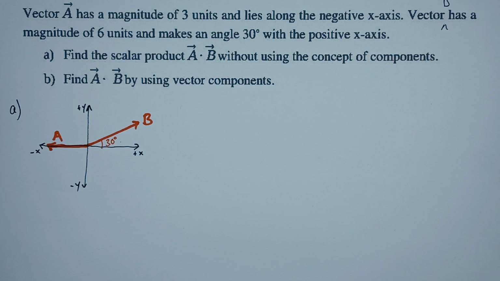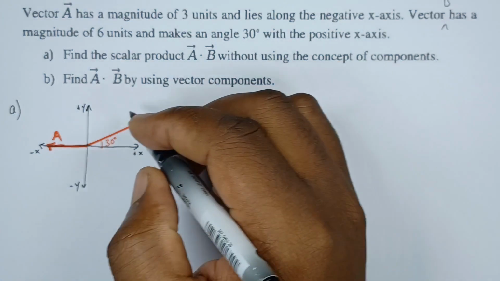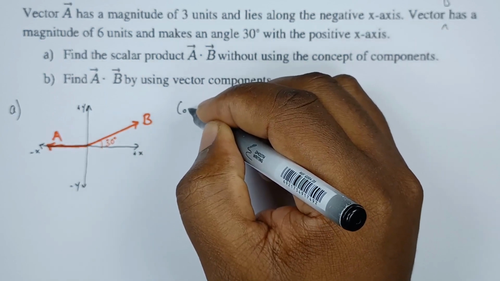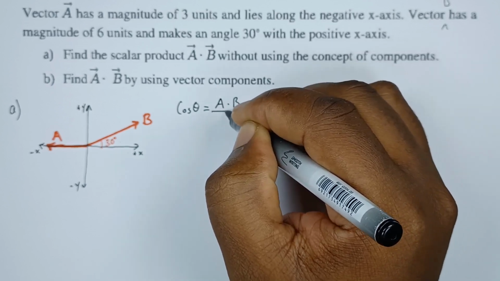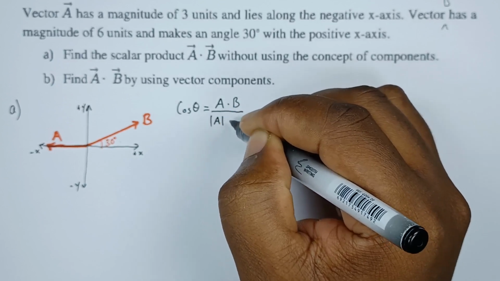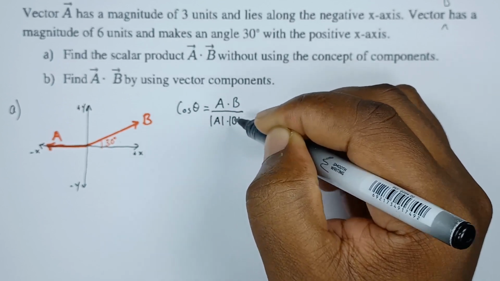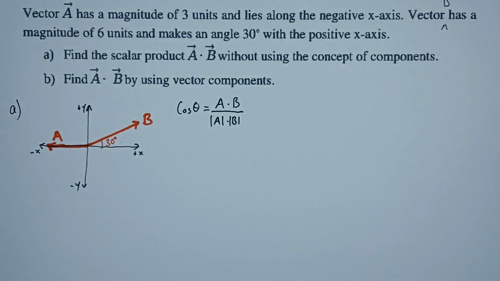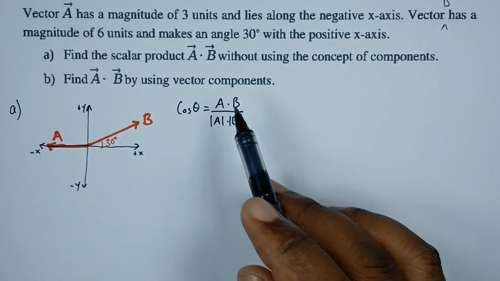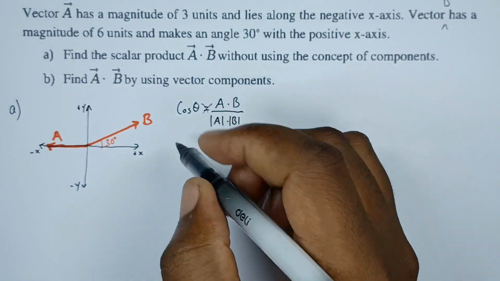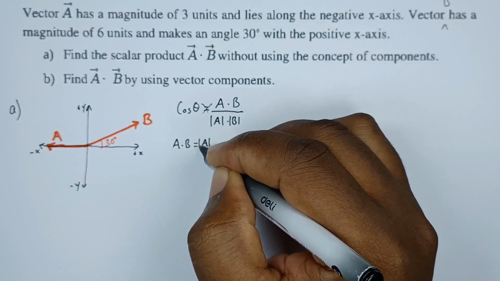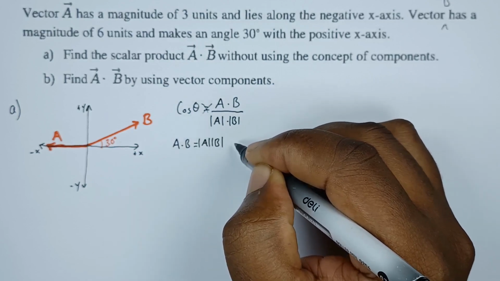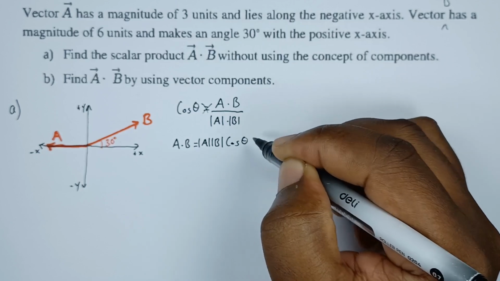So now, how can we find the dot product? The formula is cos theta equals A dot B over the magnitude of A and B. Since I'm looking for A dot B, if I cross multiply, I'll have A dot B equals the magnitude of A times the magnitude of B multiplied by cos theta.